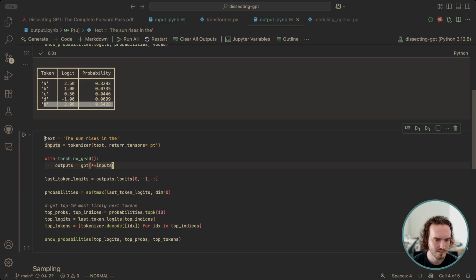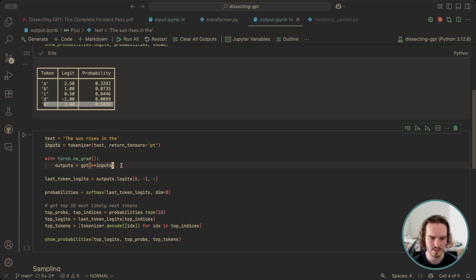So if we have some text, we're going to connect some of the dots here. We're going to run our tokenizer over that, and then we're going to run our GPT model, passing the inputs in. And then ultimately, what we care about is the next token prediction. And so the transformer is actually going to, for each token in the context window, predict the probability distribution of the next token.